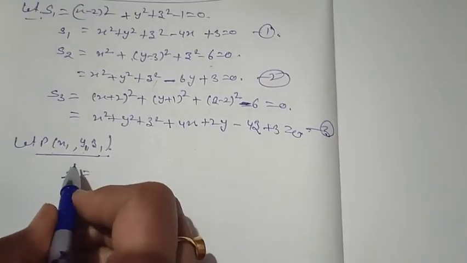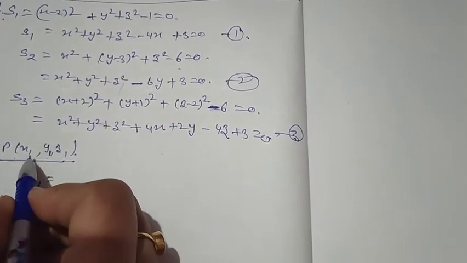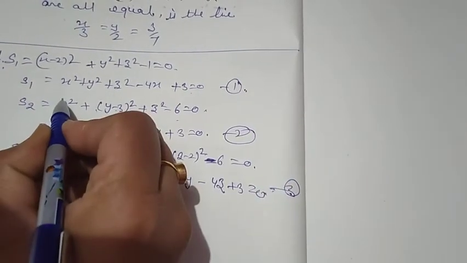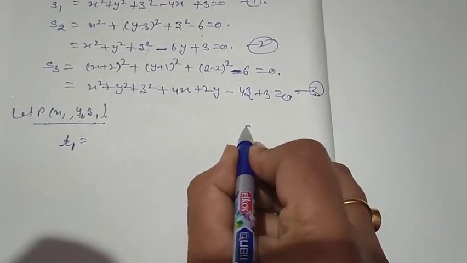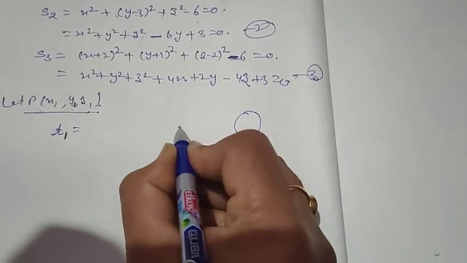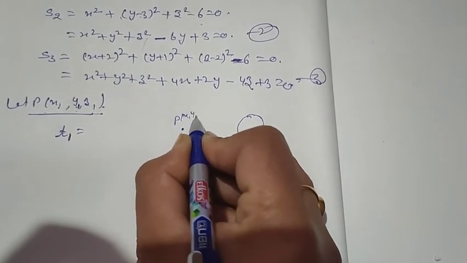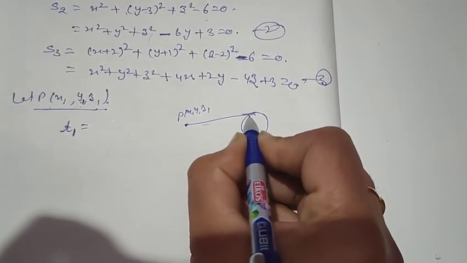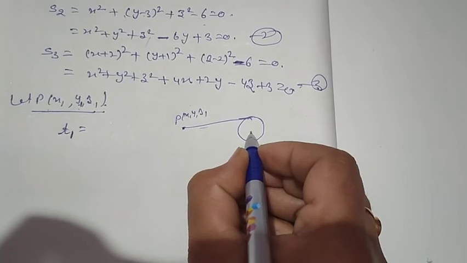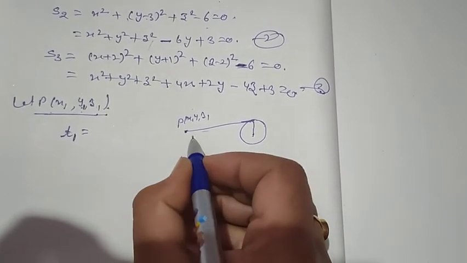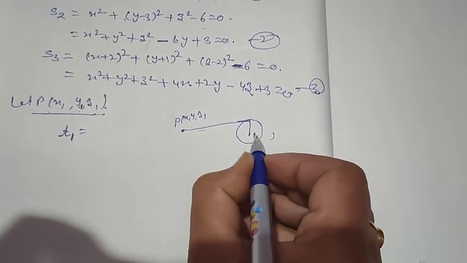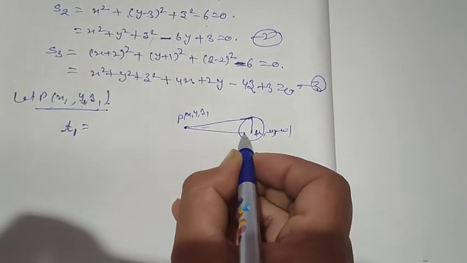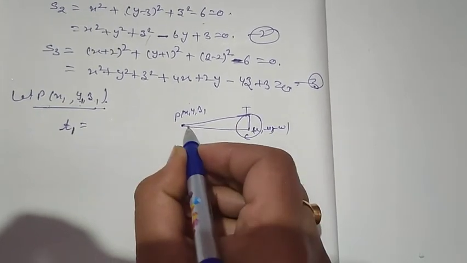To find the length of tangent, we put the point x1, y1, z1 in the sphere and take the square root. This is the point P, x1, y1, z1. This is the length of tangent. This is the radius of the sphere, this is the center of the sphere, and this is the PC distance.